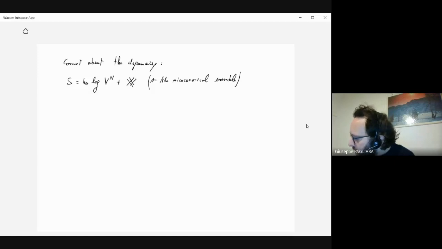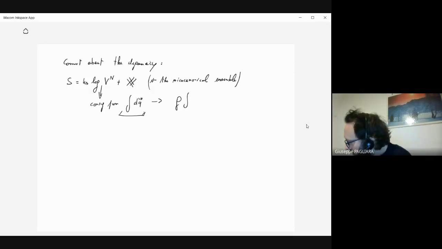Now once you have degeneracy, each of these integrals over the coordinates gets a degeneracy factor. So this was coming from the integration over dq, dq 3n if you want. Each of these integrals gets, once you have degeneracy, g to the power of n.